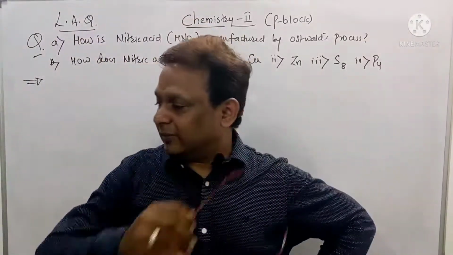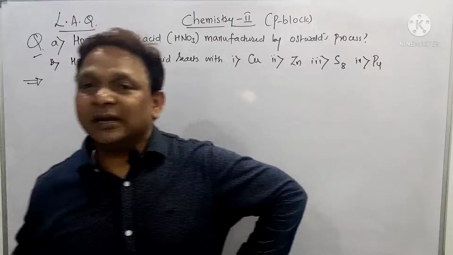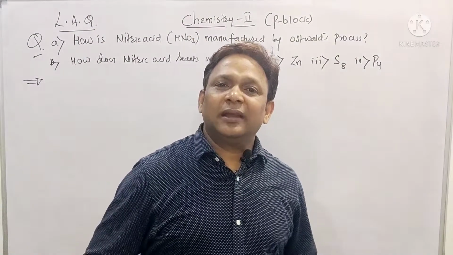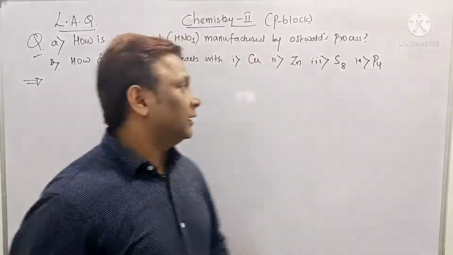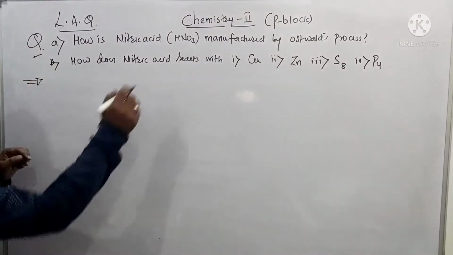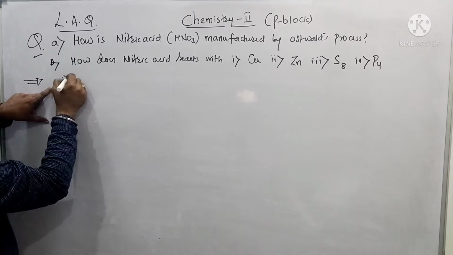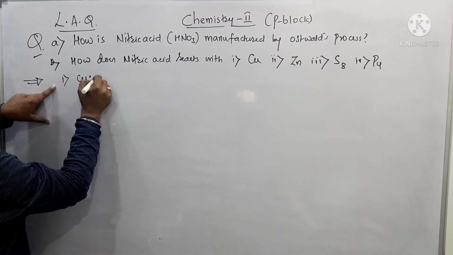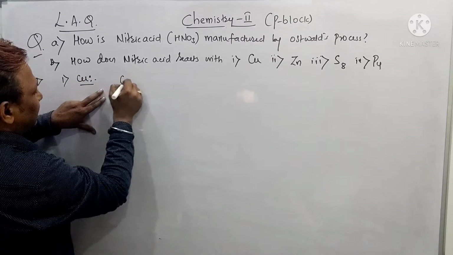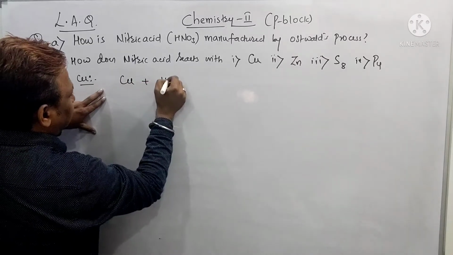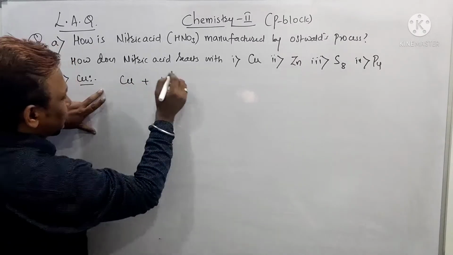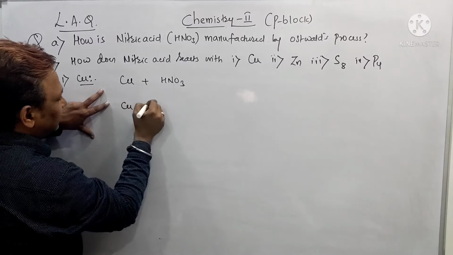But now the second part we will see here. The second part is how this nitric acid reacts with the following. What is the following? Copper, zinc and others. See what I will tell you. Reactions now. First one is copper. So do one thing, beta. Copper reacting with nitric acid. You should write 2 reactions here.